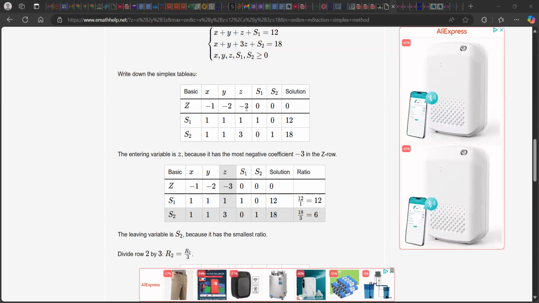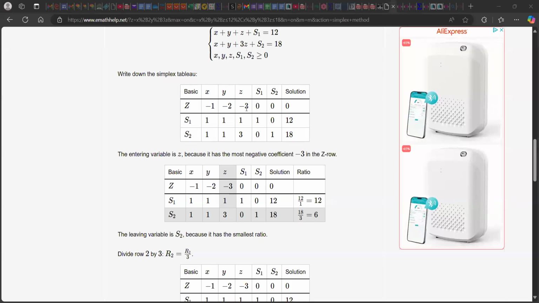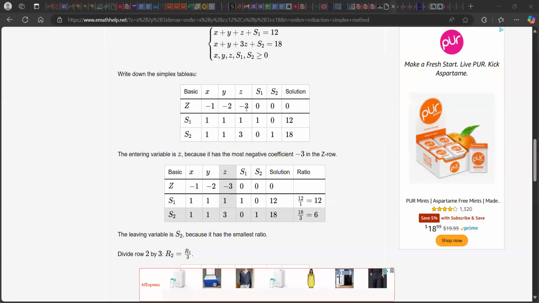Why I say that? In the test, I might make up questions where I might say, well, all right, which row is the pivot row? Which column is the pivot column? And you have to know, right? Which number is the pivot element? You got to know, right?